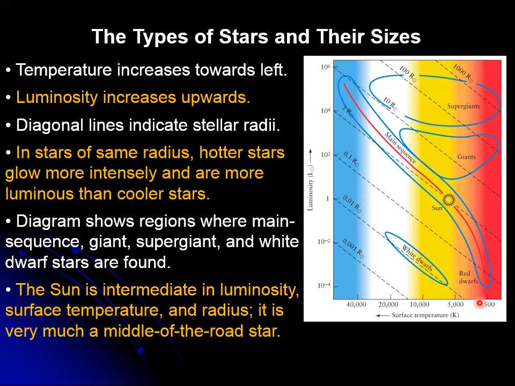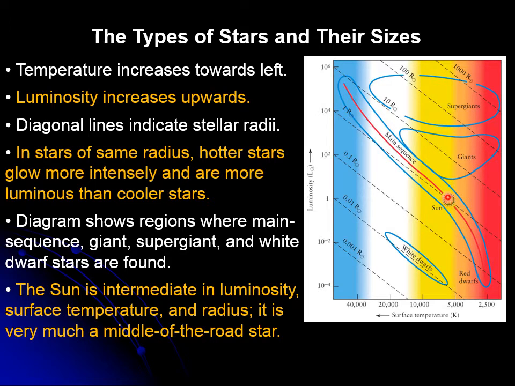Also, by looking at the sizes of all the stars when they are plotted, we see that this is our sun right there, and all the stars that would lie on this dashed line here would have the same radius as the sun, whereas any stars on this other region are going to be larger, and the stars on this region are going to be smaller.